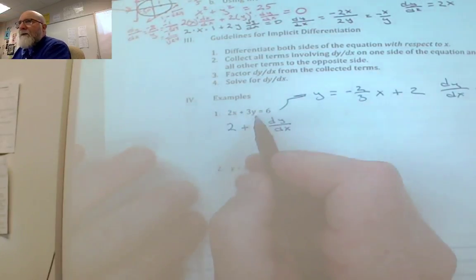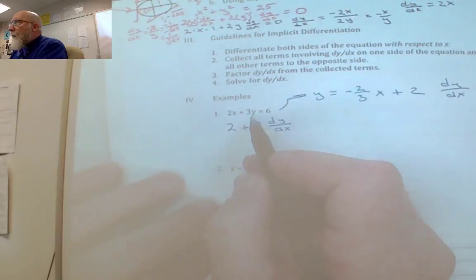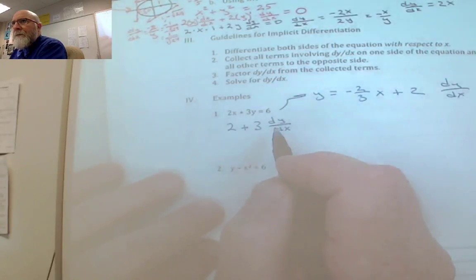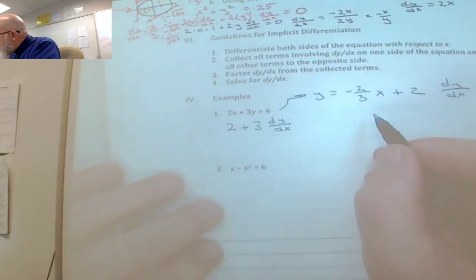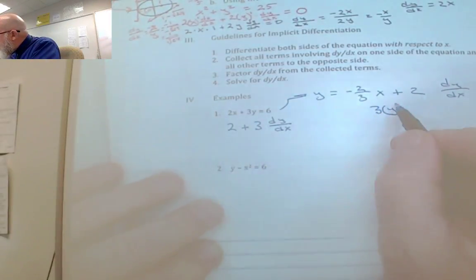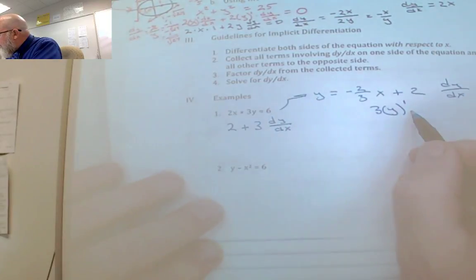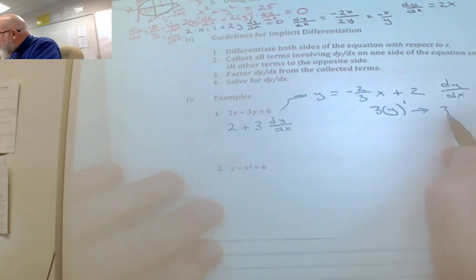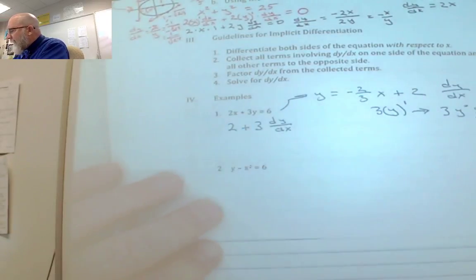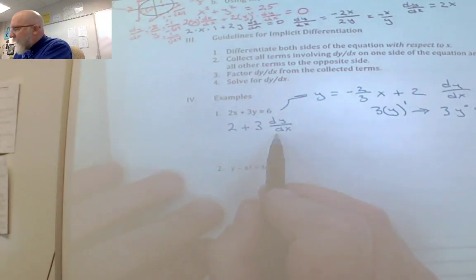Every time I take the derivative of y, I'm going to multiply by dy/dx. Every time. Remember, this is 3y to the first. When I take the derivative, I'm going to get 3y to the 0 times dy/dx. That's where this comes from.